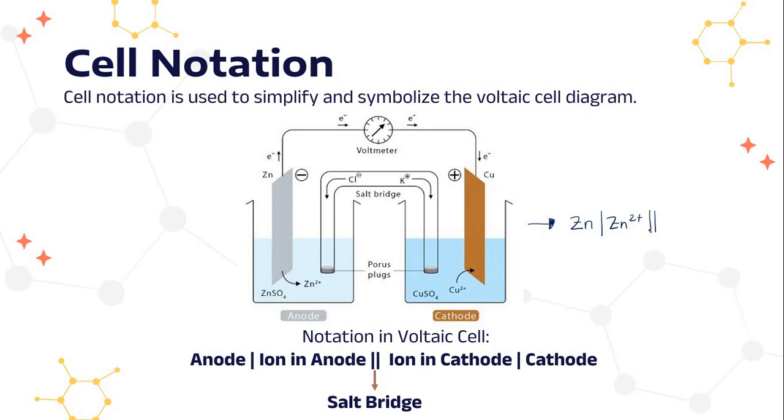You just write two lines here, and then continue with the ion that is produced in the cathode, which is Cu2+, or copper 2 plus. Then separate again with a line, and the last is the cathode. Please write the cathode, which is copper, or Cu. So this is the cell notation in this diagram.